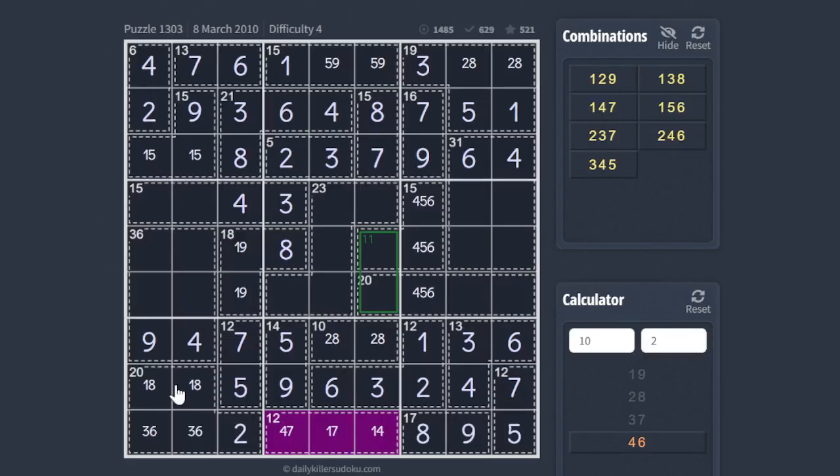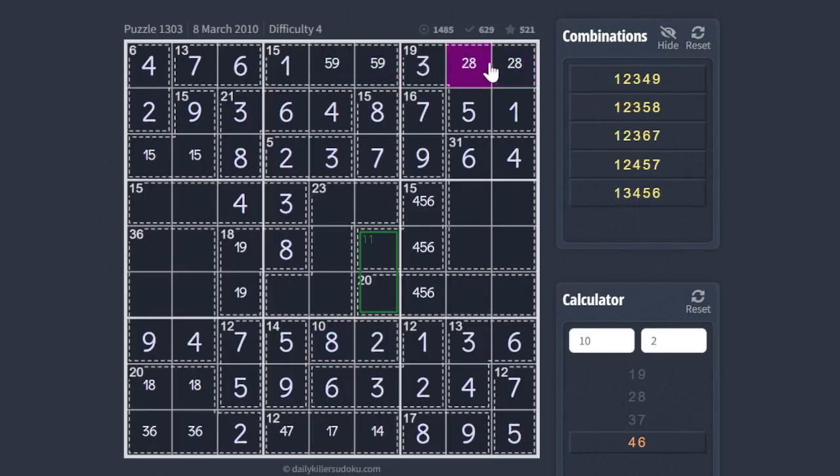All right, I think this 8 resolves this 10 cage. So this is a 2, and this is an 8. 5, 9, 2, 8, 1, 5, 3, 6, 1, 8.